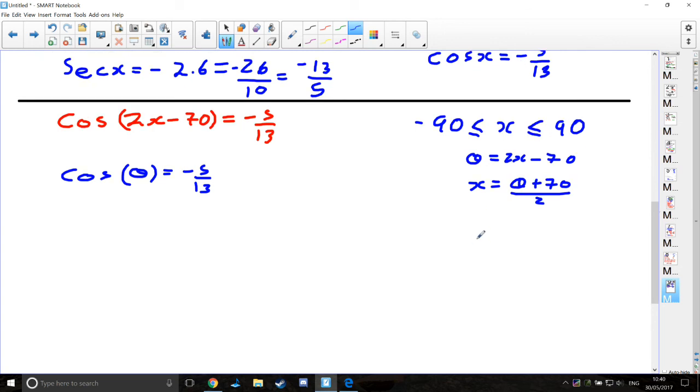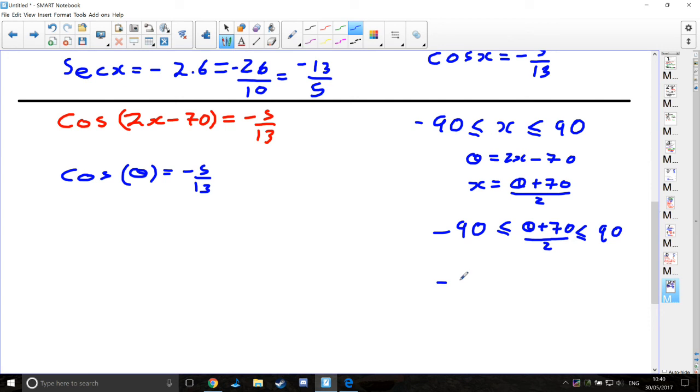And I can plug that into there, so minus 90 to theta plus 70 over 2 to 90, and adjust the range. Multiply both sides by 2, and then take 70 away from both.